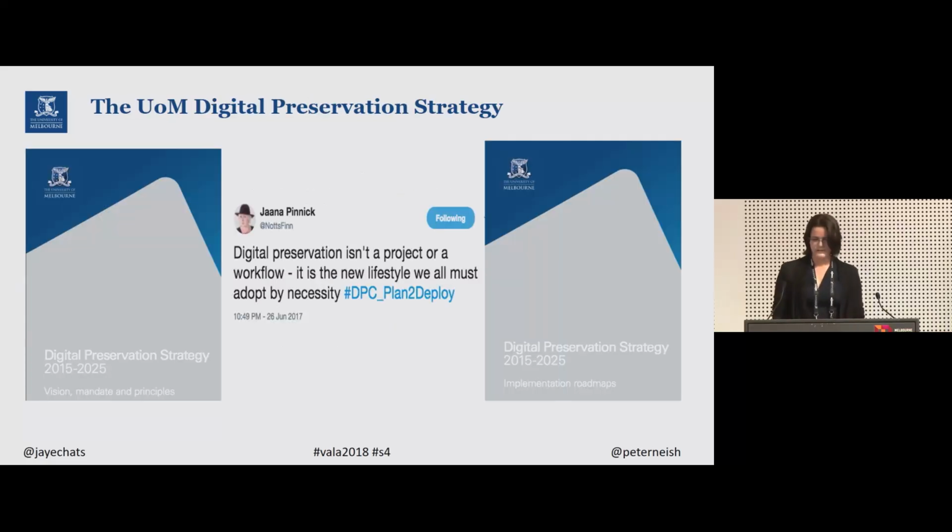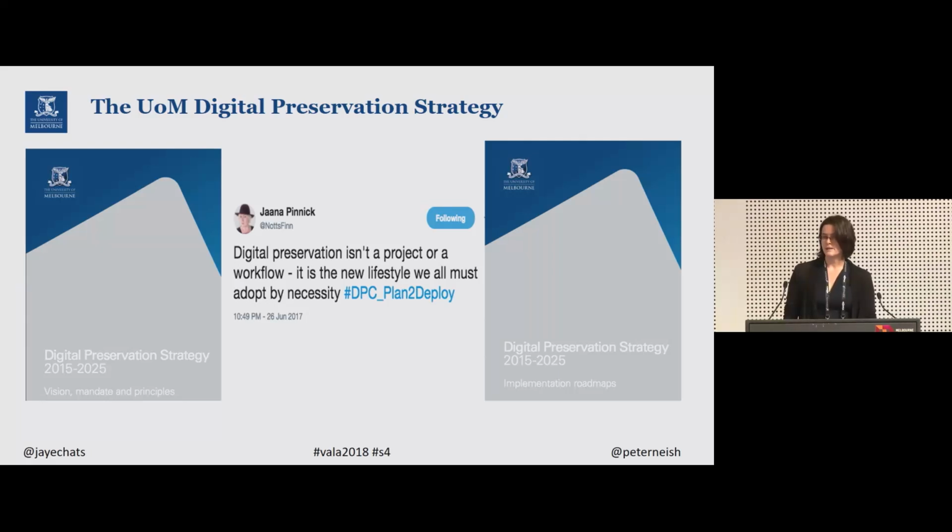So at the University of Melbourne, over 5 years ago now, a lot of time and energy was put into defining what needed to be done to address sustainable, long-term preservation of digital materials. So this effort resulted in a comprehensive digital preservation strategy. This had a high-level vision, mandate, and key principles, all addressing what digital preservation meant in the university context.